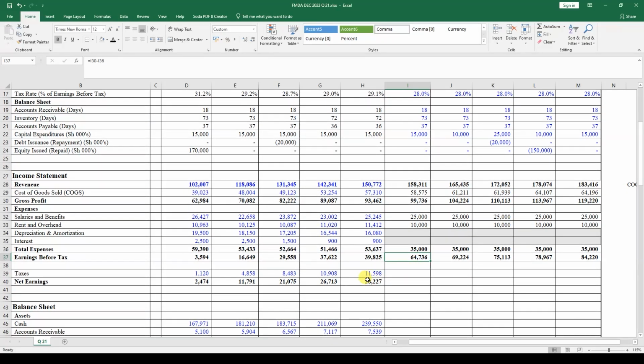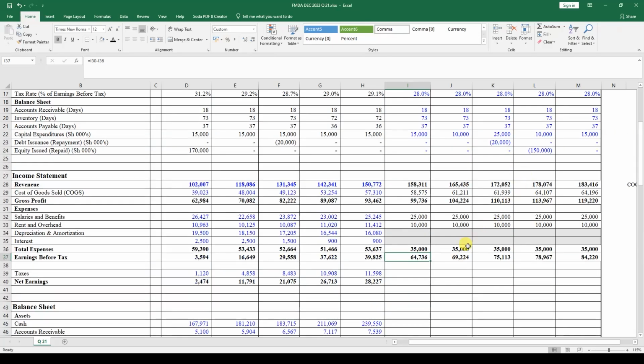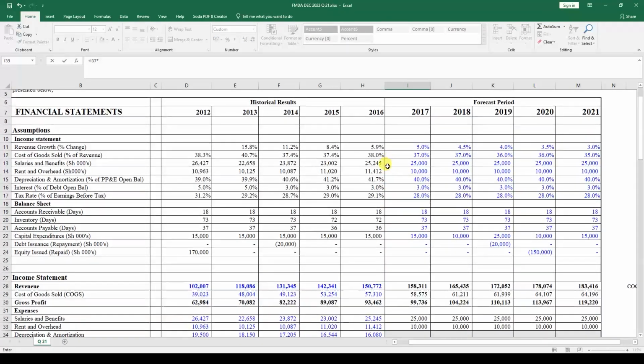Now the taxes over here, we have been told something about the tax rate right above here. You can see the tax rate is a percentage of earnings before tax, and it's 28% all through. So what does that mean? That the tax will be based on that value times the taxation rate which is given to us right here. So we link it with that one there.